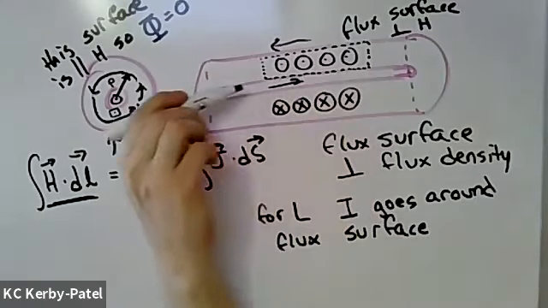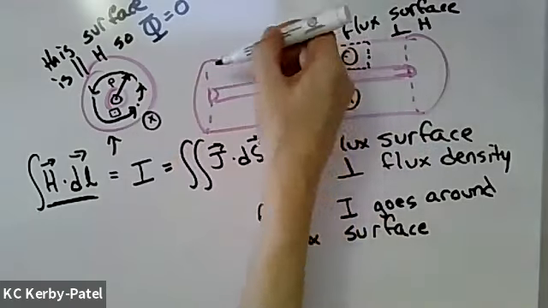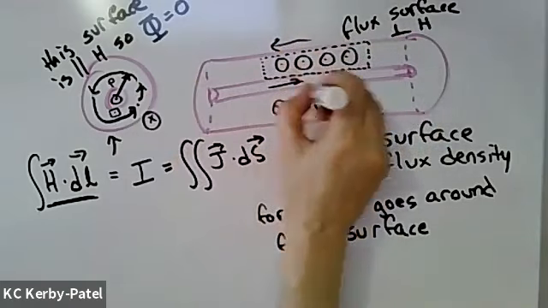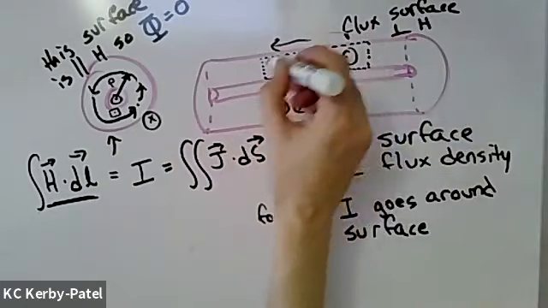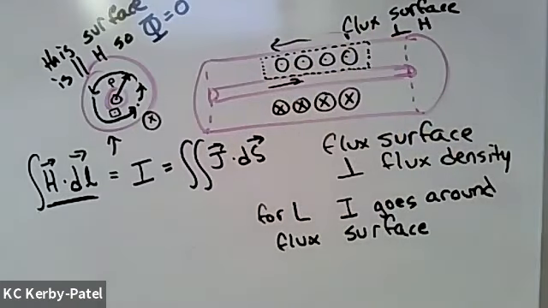And here it does. The current goes this way and then it goes this way. This loop of current is being linked by that magnetic flux. Any questions about that?